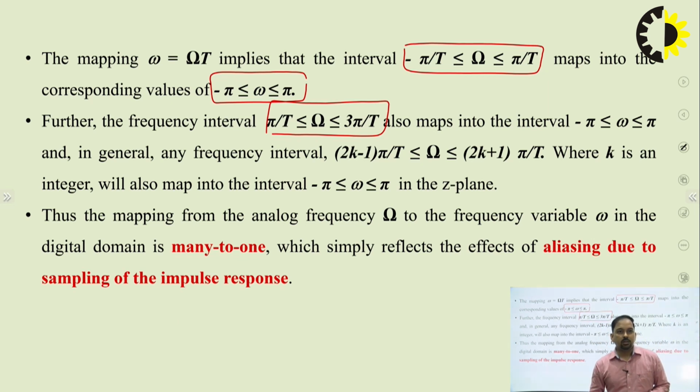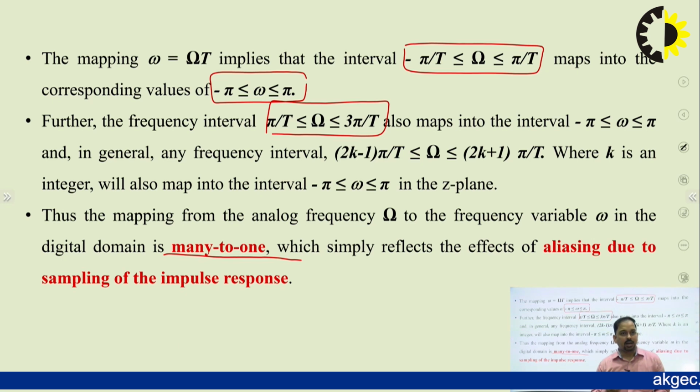That means this is many to one mapping, which is nothing but the intermixing of frequencies. This creates aliasing due to the sampling of the impulse response.